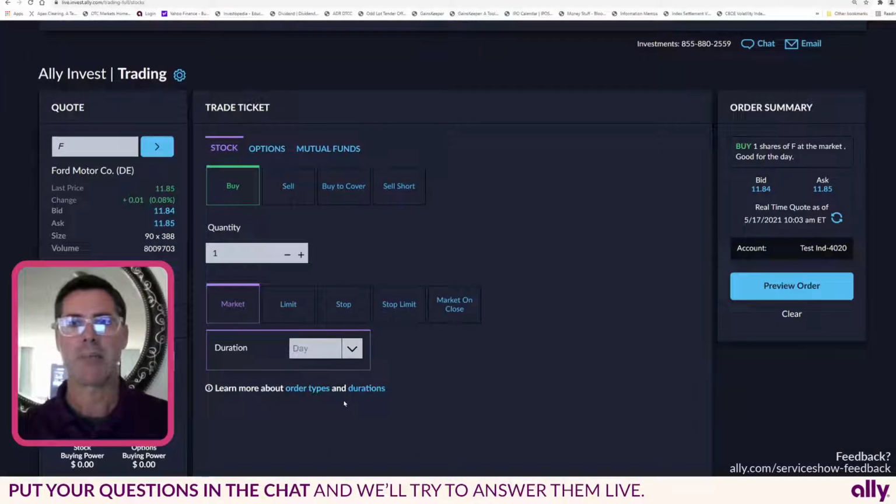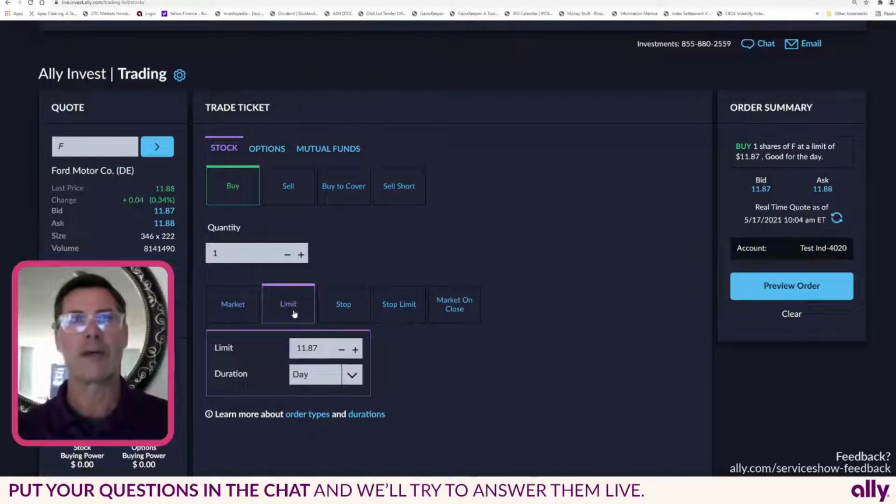Now, as another example, let's go through a limit order. A limit order here is when you're being a little more price sensitive. So in this case, Ford is trading, it's moved a little since we first started talking, it's at 11.88. Let's say you only wanted to purchase Ford if it went to $11 or lower.